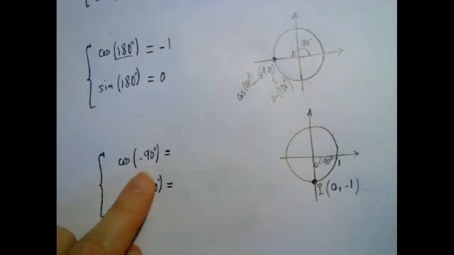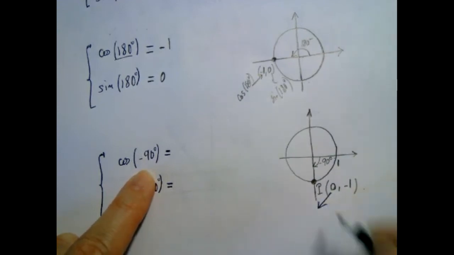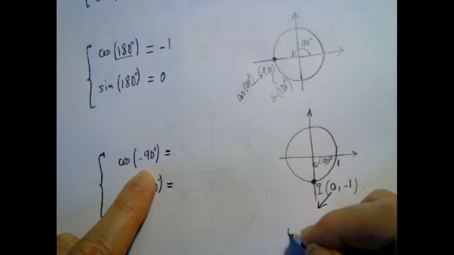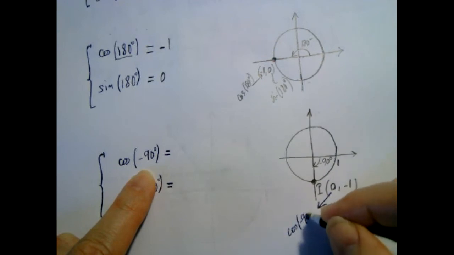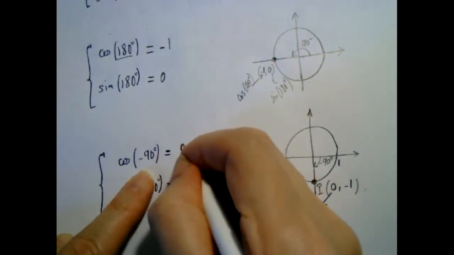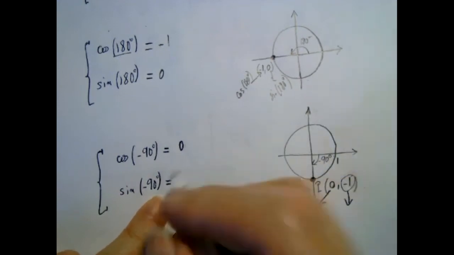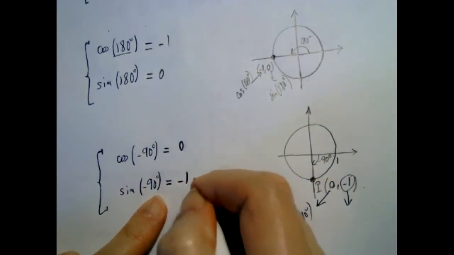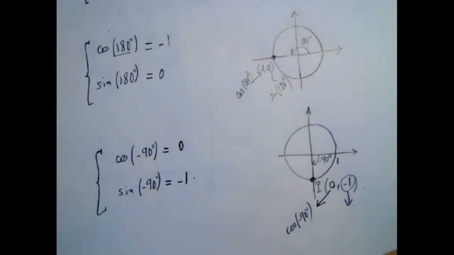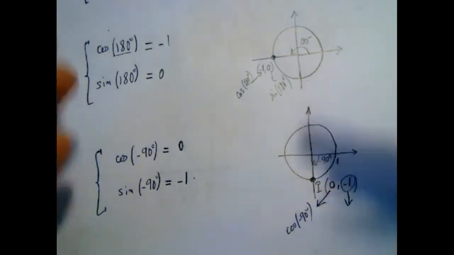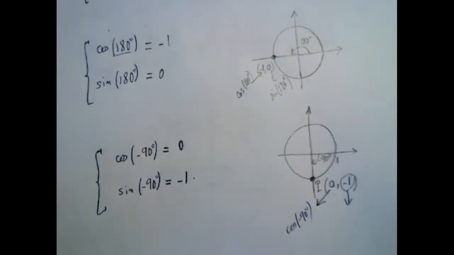Okay, it's 0, she's right, because the x coordinate, that's the cosine. So that's 0. And the sine is the y coordinate, which is equal to -1. Okay, so the simple angles, just by understanding the picture, we can immediately find their sine and cosine.